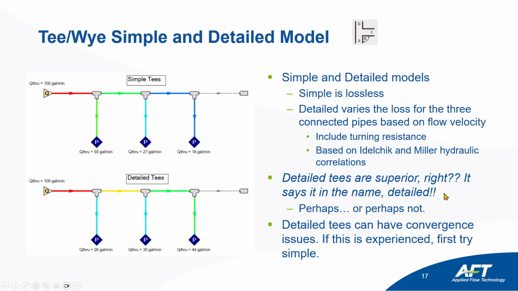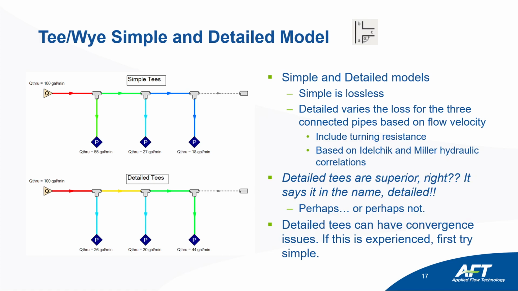So this gets back to our topic about the reservoirs. At what point does it become significant? That's something that you would need to make in your mind. If it's really long pipes, maybe the turning resistance isn't significant because the pipe friction will be outclassing it.